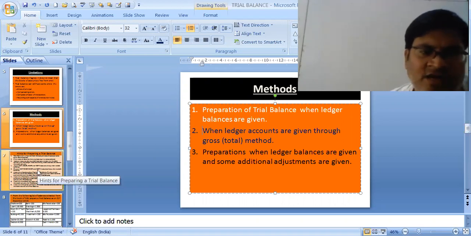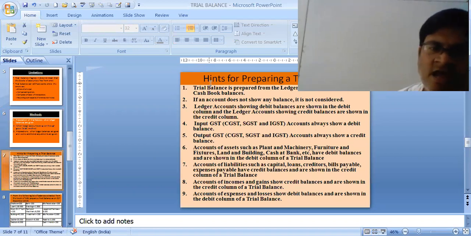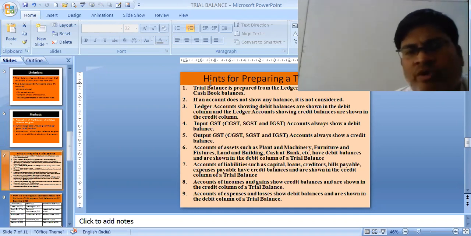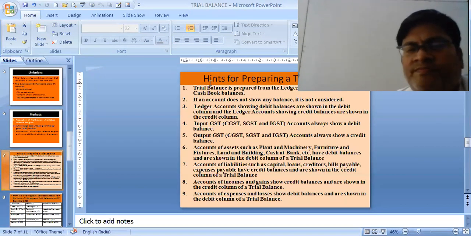Before doing it, we will be learning several hints of preparing trial balance. Trial balance is prepared from the ledger account balances and the cash book balance. If an account does not show any balance, it is not considered. Ledger accounts showing debit balances are shown in the debit column, and ledger accounts showing credit balances are shown in the credit column.